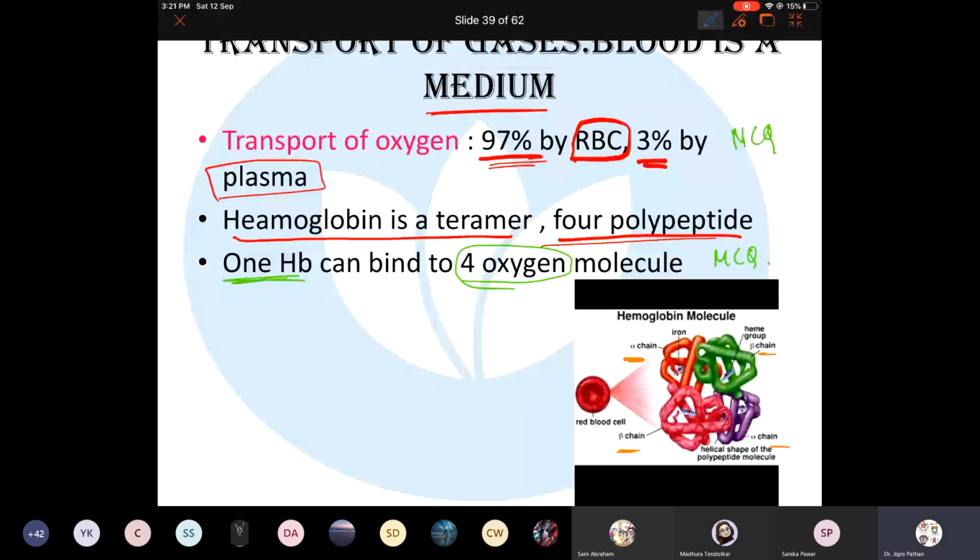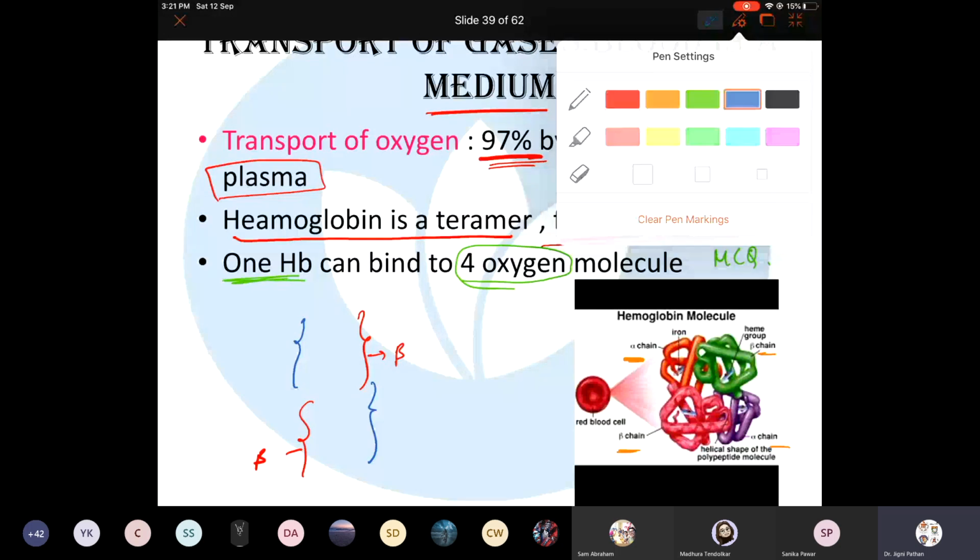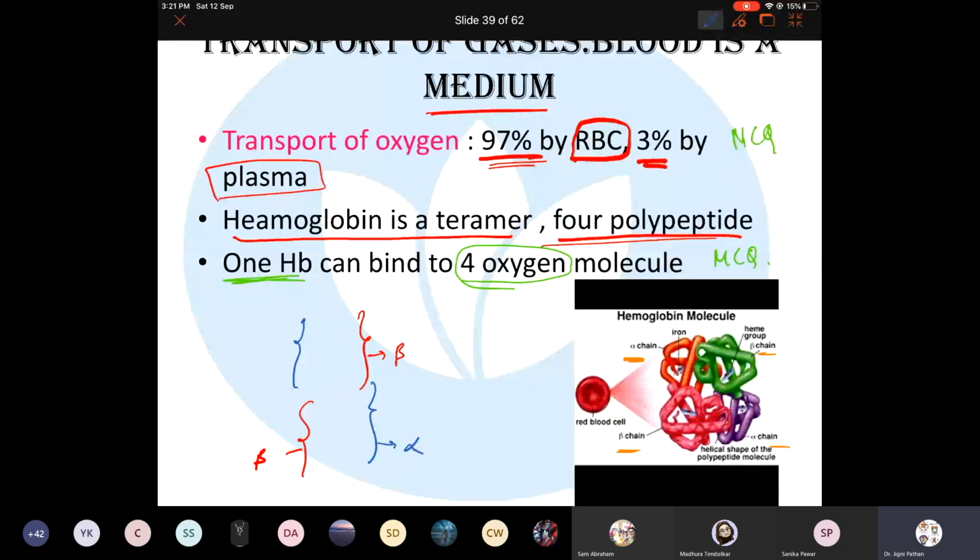Listen to this. This is alpha chain and this is beta chain. This is beta, this is beta, this is alpha, this is alpha. How many polypeptide chains? 4 polypeptide chains. Each of these has a group that is called heme group.